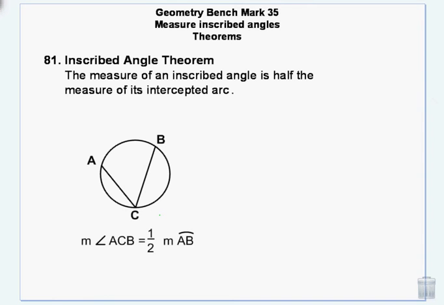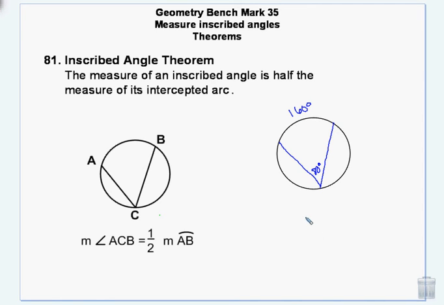Okay, so in our other example, if I have a circle, where we had this coming like this and like this, and it was 160 degrees, that means this is going to be 80 degrees.